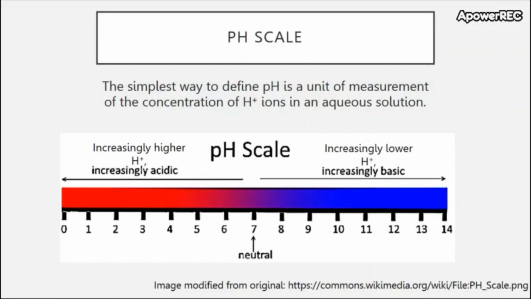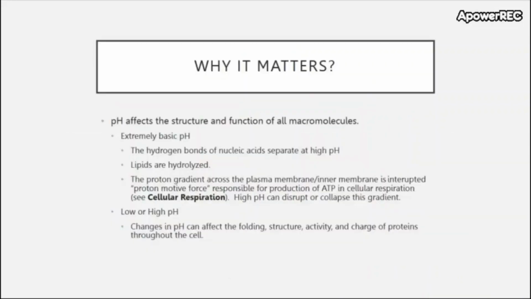And why this matters is, again, because protons in acidic and basic solutions can change the chemical reactions and the structure of chemicals in a solution. So pH affects the structure and function of all macromolecules.